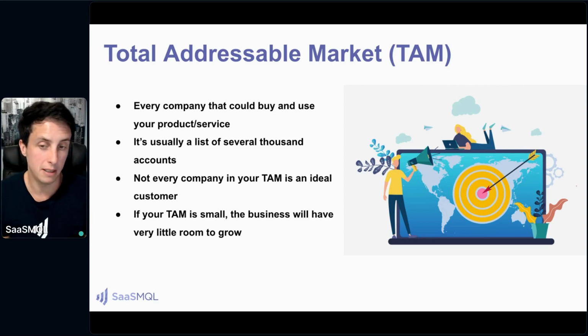But not everyone is an ideal customer. Going back to that, for us, an ideal customer is much more narrow than that. So we only work with SaaS companies, and so already we're limiting from any B2B company to SaaS companies.